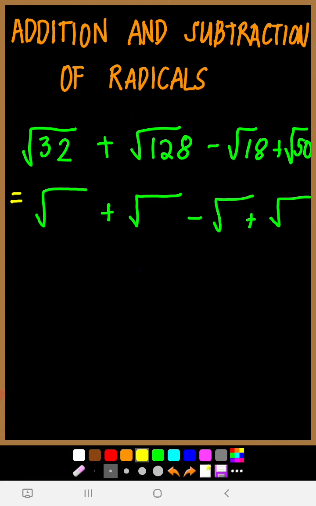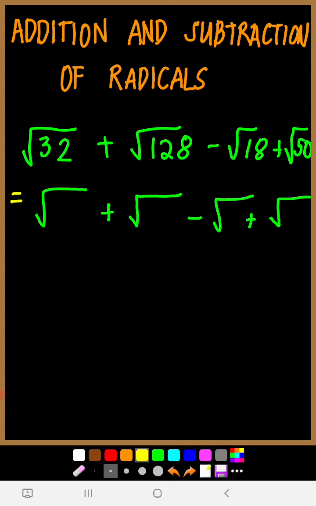Pero as you would notice, hindi nakasimplified yung mga radical expressions. Like square root of 32, 128, 18, and 50, hindi pa siya simplified form. So, katulad ng ginawa natin sa simplifying radicals, we find factors wherein one factor is a perfect square. Perfect square kasi ang index natin dito ay 2.